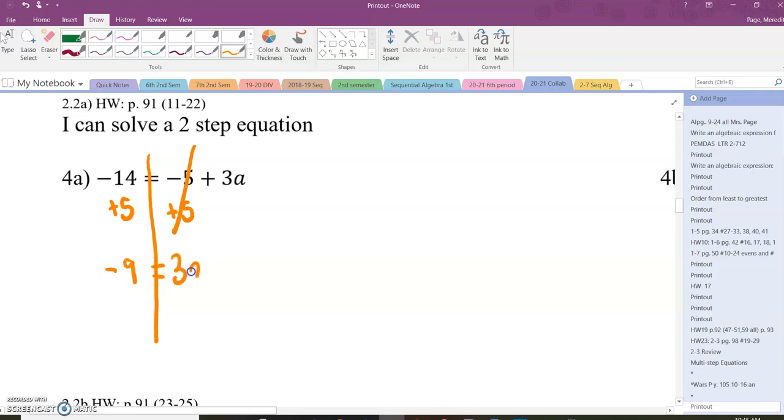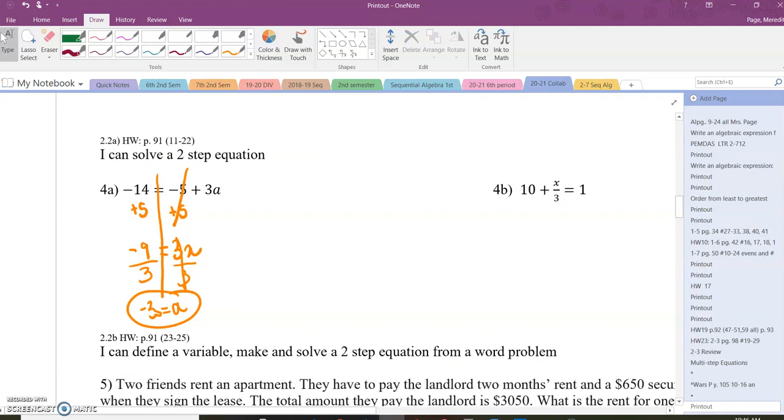Bring down the 3a. Now my last step is to get a by itself, so this is 3 times a. The opposite is to divide. A's cancel. 3's cancel. A is equal to negative 3. Circle it, you are done. Your responsibility is to do 4B.